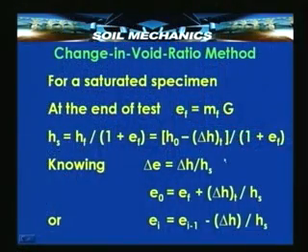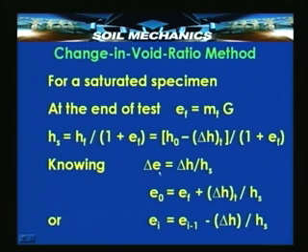If we have several stages of loading, then the initial height minus the total change in height divided by 1 plus ef will always be equal to the height of solids, which remains constant.